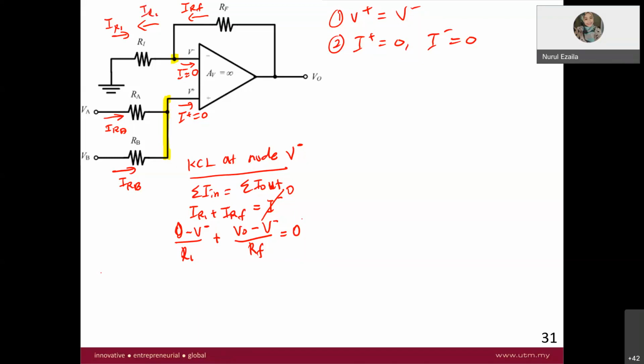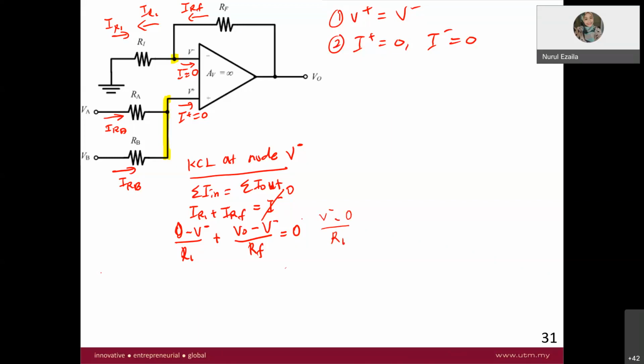So it is actually current going out, so it will be at the right side because it's current out, not current in. If you make it to the left, that will be your current out from that node. Therefore, the equation will be V minus 0 over R1.